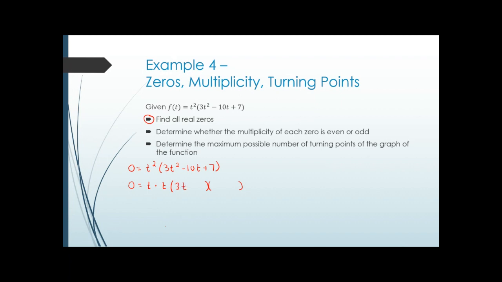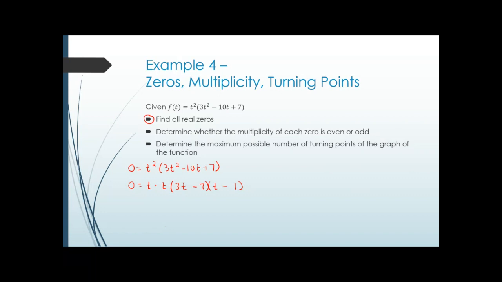So let's see, 3t times t will get me 3t squared, and 7 times 1 gets me to 7. If I make them both negative, and then I put them specifically in the locations I did so that I can get them to add to negative 10, because the inside parts, when I multiply out, will be negative 7t. The outside parts will get me negative 3t. That adds up to negative 10t. So I factored that quadratic.